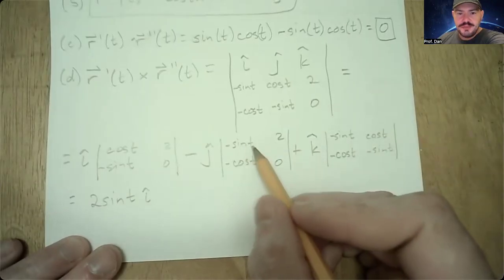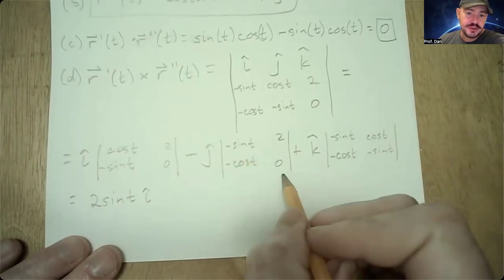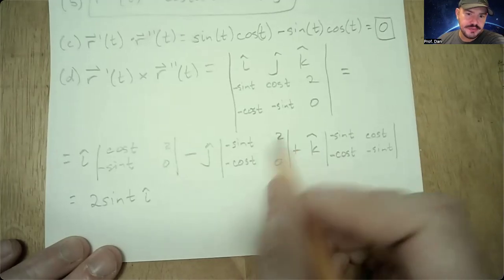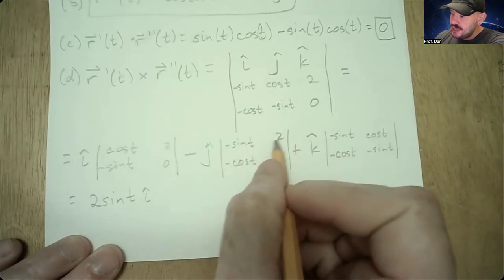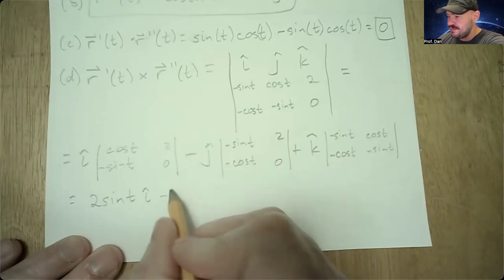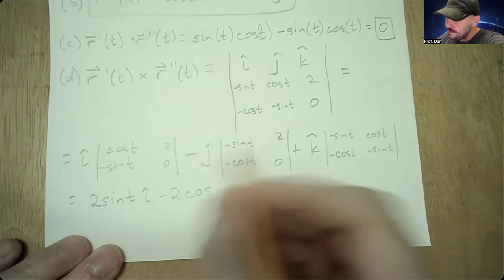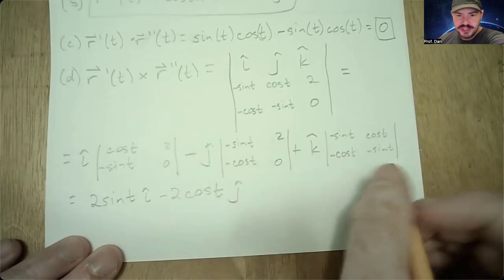Now for this one, same thing. Negative sine of t times 0 gives me 0, minus negative 2 cosine t gives me 2 cosine t, but remember we have this negative there. So this is my j component.